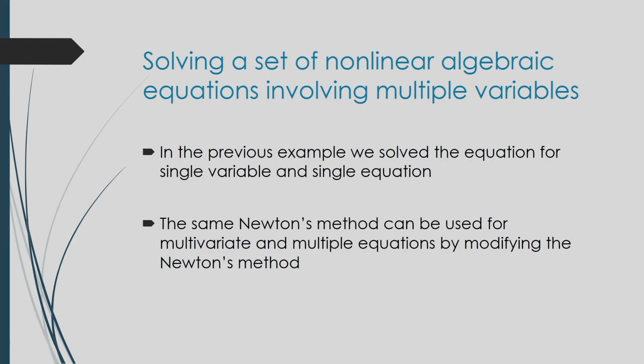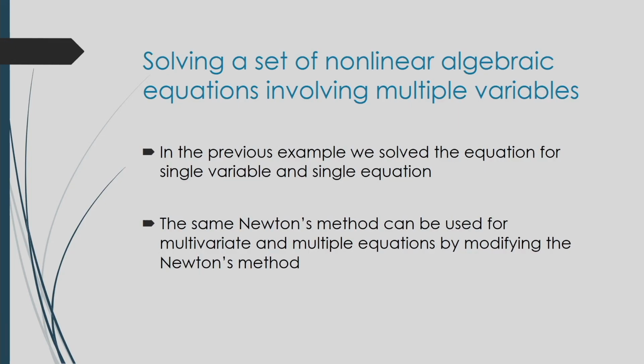So in this way you can solve the nonlinear equation by the trial and error method as per Newton's method. Now let us consider solving a set of nonlinear algebraic equations involving multiple variables. So till now we have described how to solve a single nonlinear equation by Newton's method. Now we will describe how to solve nonlinear algebraic equations. There will be a set of nonlinear algebraic equations with multiple variables.